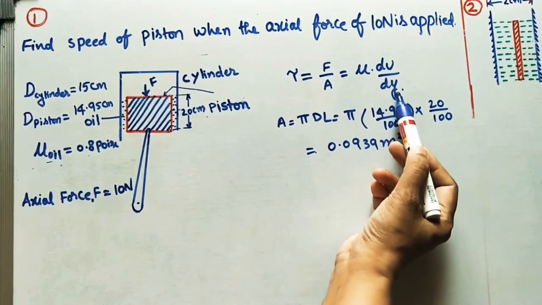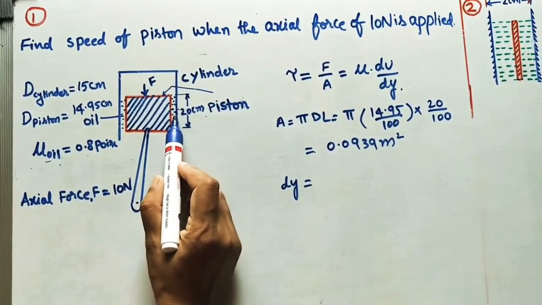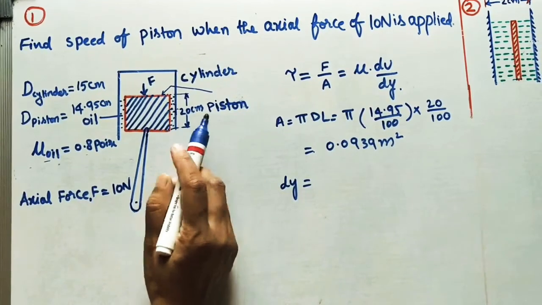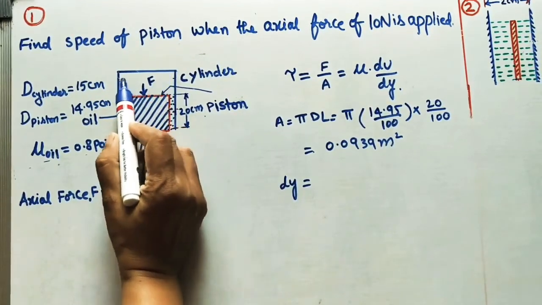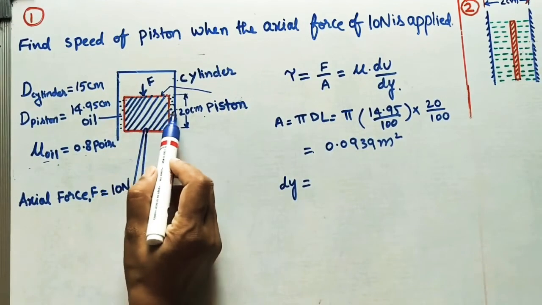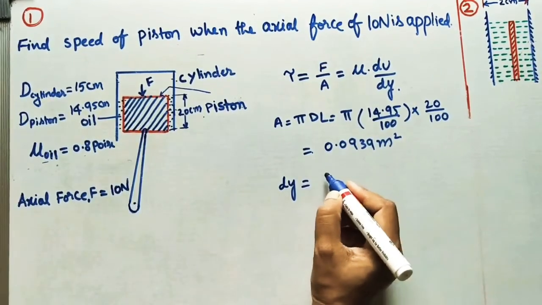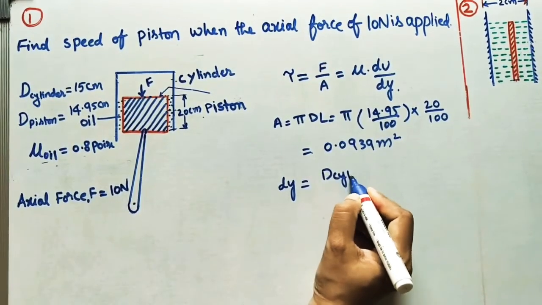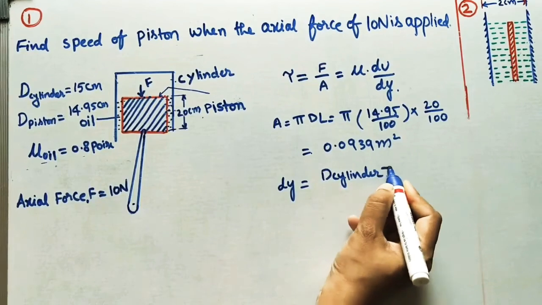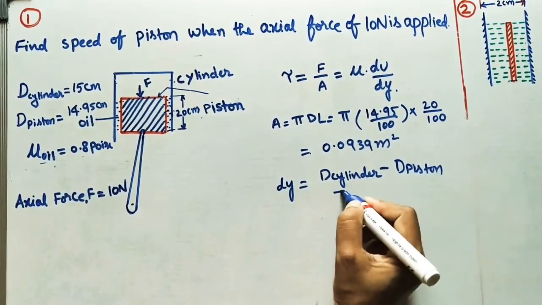After that, find dy. dy is equal to this gap distance. How to get this gap? The bigger diameter, that is the cylinder diameter, minus the piston diameter will give this gap and this gap. If you divide by 2, we will get one gap. So I am taking d cylinder minus d piston by 2.